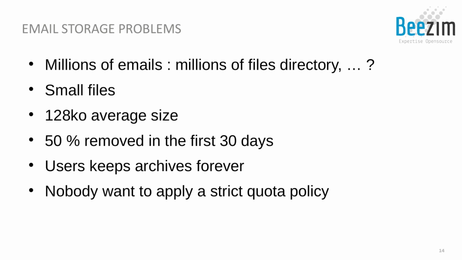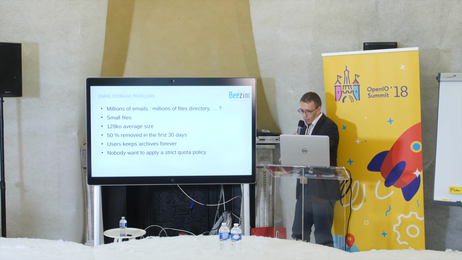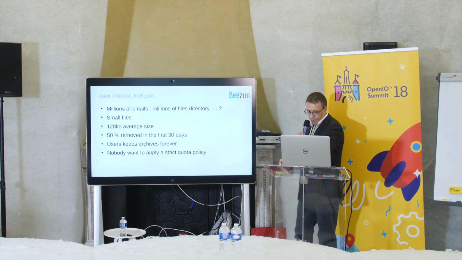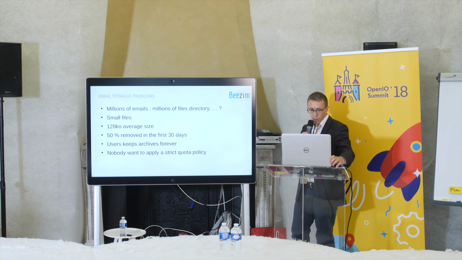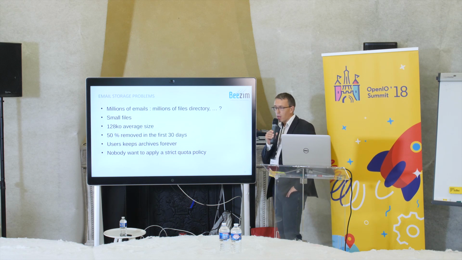And you know that emails are very small files. We noticed that, and it depends on the usage we have on emails, but on average, we have 128 kilobytes of size.